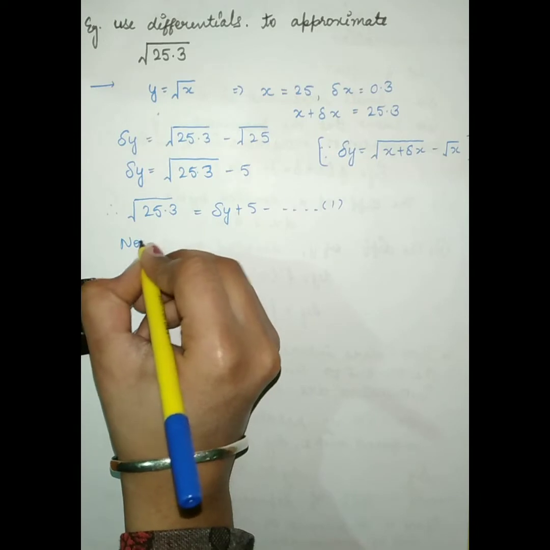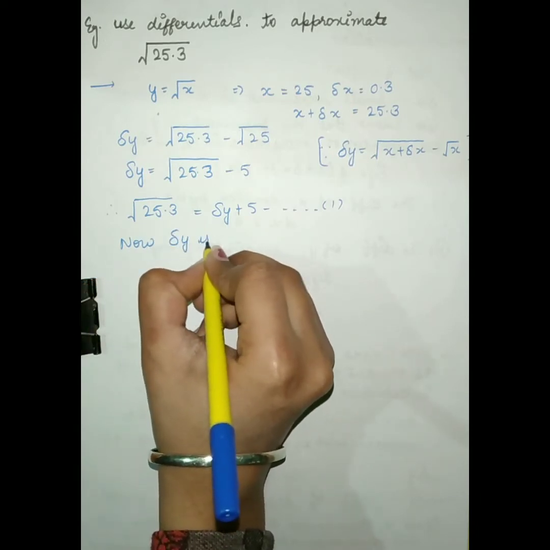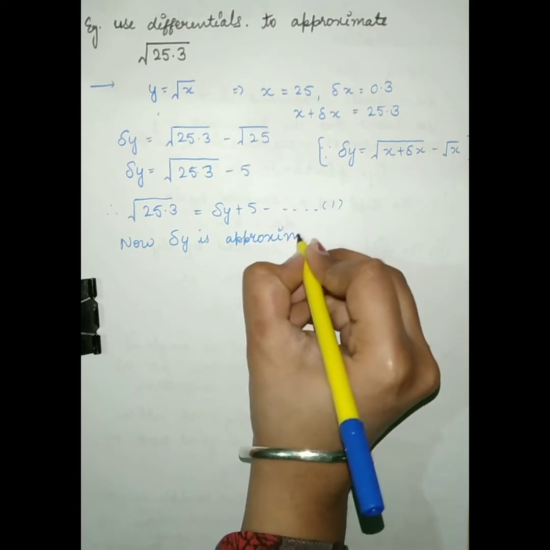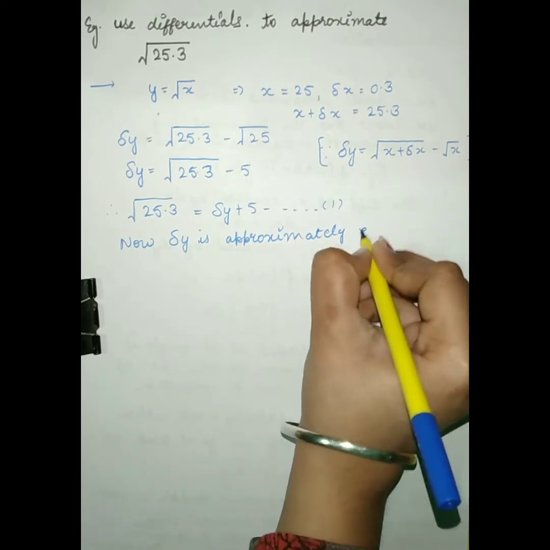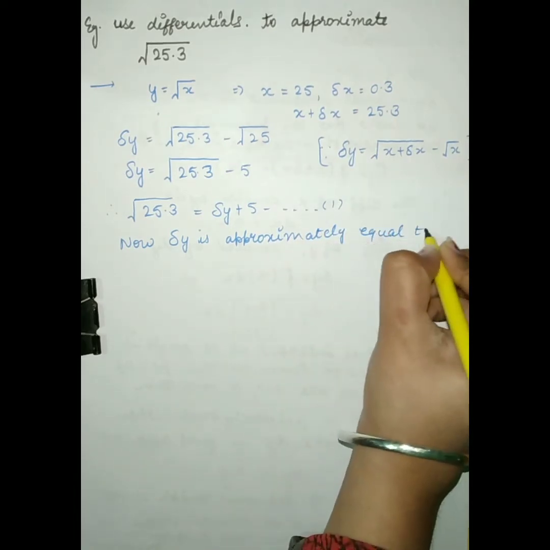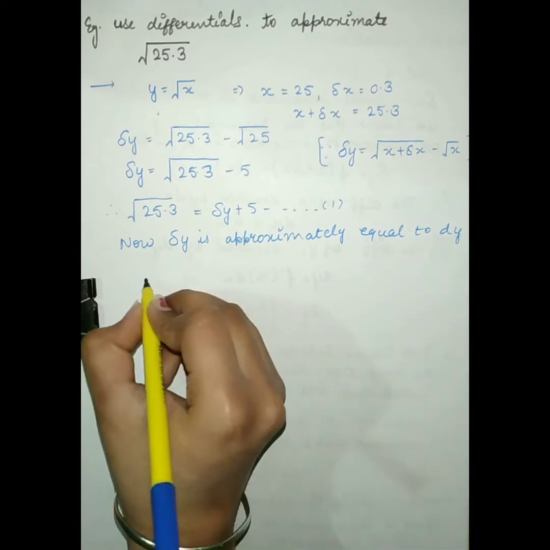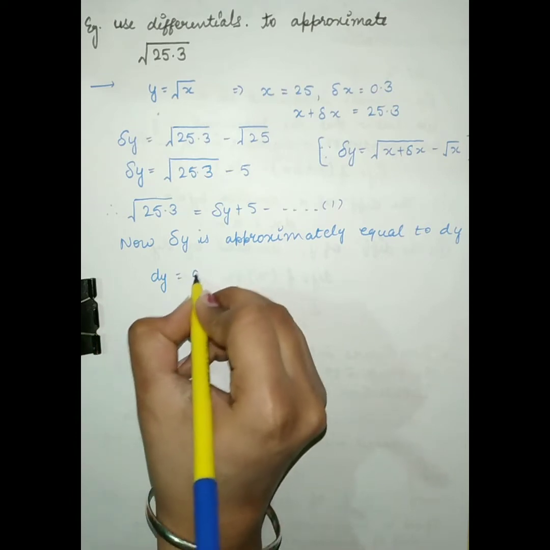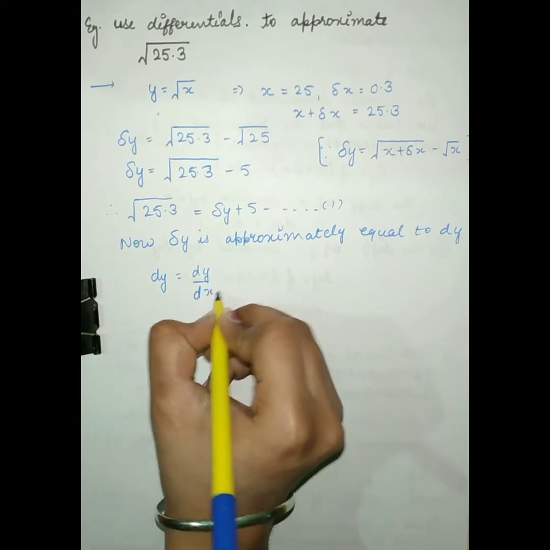Now del y is approximately equal to dy. That means, in the previous discussion we saw that dy will be equal to dy upon dx into dx.